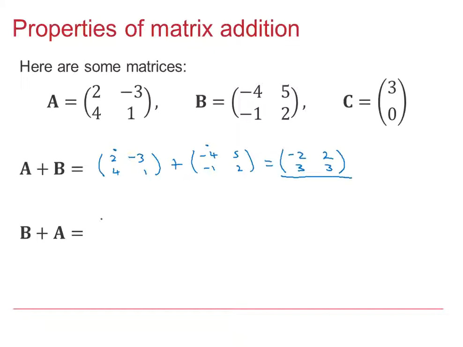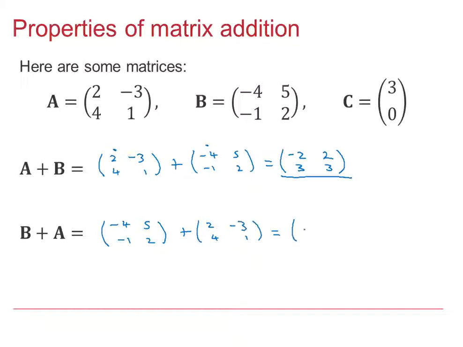If we're doing B plus A, we've got to get the matrices in an appropriate order. So this would be matrix B first. And we're going to add on matrix A. And again, you add the elements in the corresponding position.